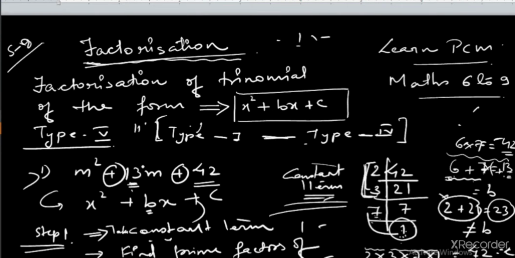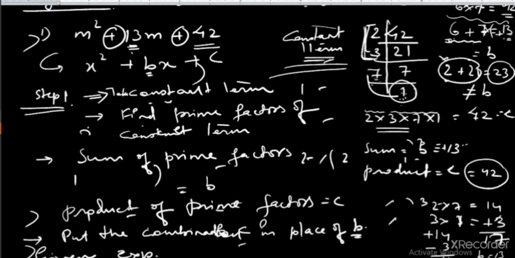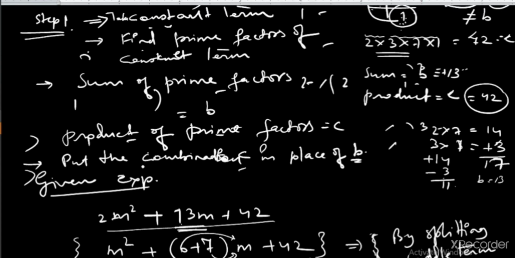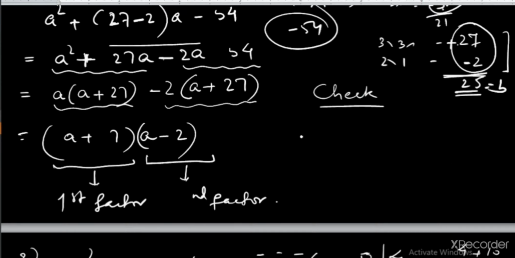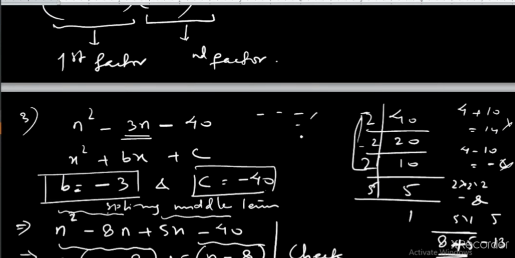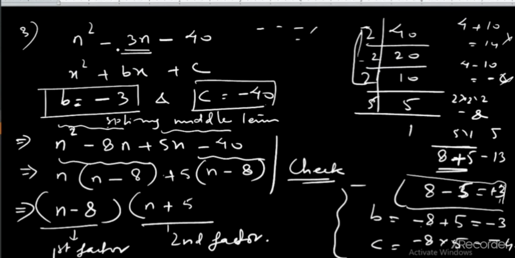Then in the second question you can see that this is plus sign, this is plus sign, but the third one, the constant term, is in minus sign. So you have that type of example also here. And in the third question you can see both B is also minus and C is also minus. So here you have another example.